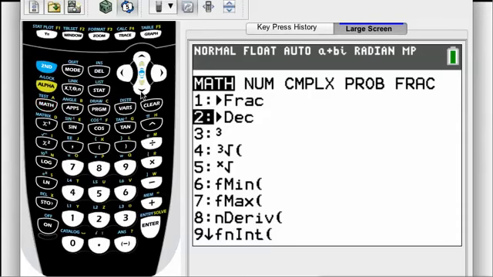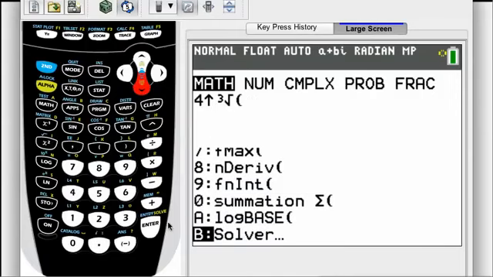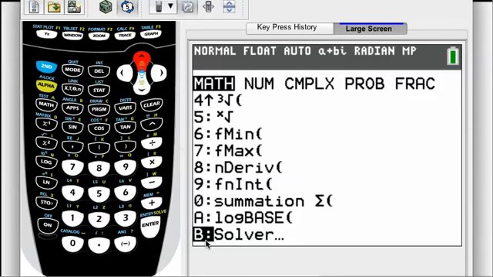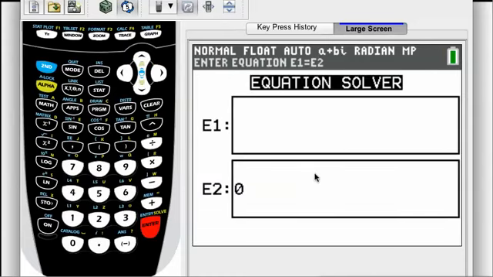It's at the very bottom, past number 9, B, Solver. Make sure that's selected, hit enter, and here you've got your equation solver.